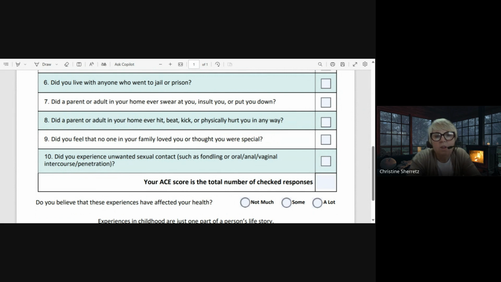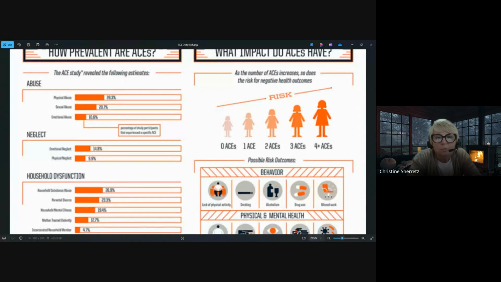And so I think what is interesting is if you go back to the PDF that I showed you earlier, I'm going to show you this one again. We can see that the risk goes up depending on the number of ACEs, and look how that goes up from 0 to 1. So the more ACEs, the higher the risk factor.